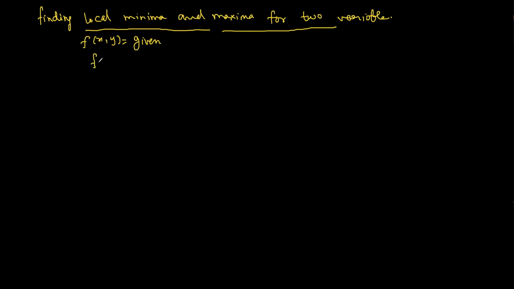First of all, find f of x. What is f of x? Partial derivative of f with respect to x, right? And f of y. Second step is for stationary point, put both equal to 0. From here, you will get what? Critical point or stationary point. This is also called critical points.